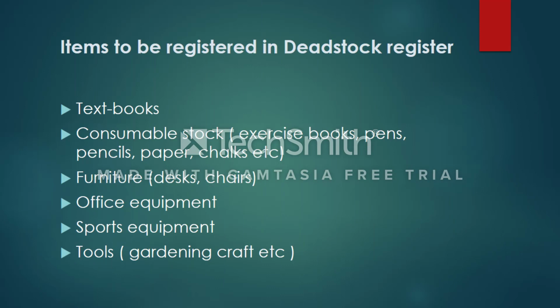Items should be registered in the stock register, such as textbooks: mathematics, English, environment, social science, etc. Consumable stock: exercise books, pens, pencils, paper, chalks, etc. Furniture: desks, chairs, etc. Office equipment such as stapler, etc. Sport equipment such as volleyball, football, bat, racket, etc. Tools: gardening, craft, etc.